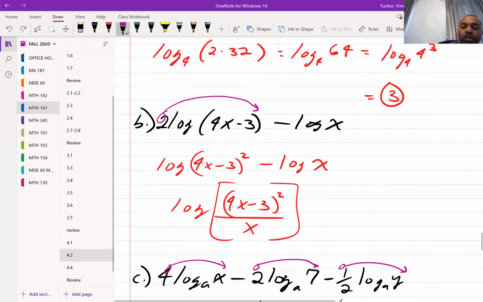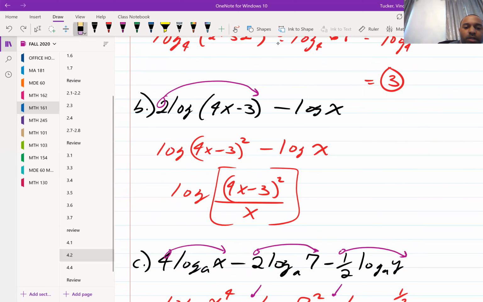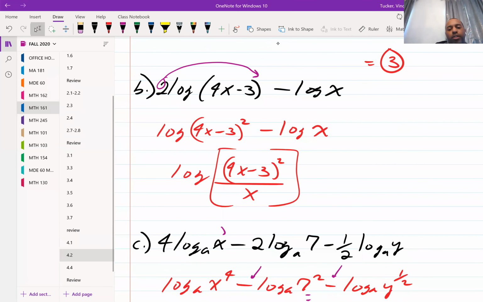All right, so let's look at C. We have 4 log base A of x minus 2 log base A of 7 minus 1/2 log base A of y.